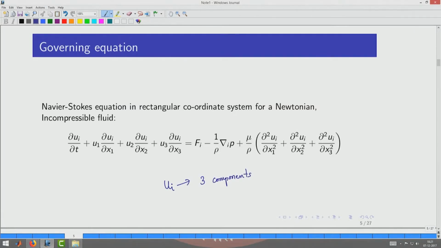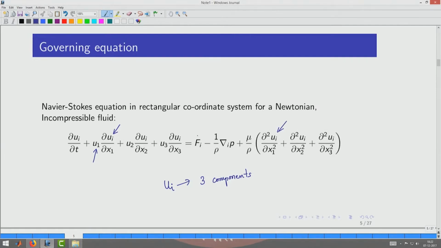You could actually write this for other coordinate systems. We have already seen those equations in the previous sessions, which means that we now have basically 3 equations, and you can see that the velocity is appearing both in the absolute manner as well as in the differential manner on the left hand side as well as on the right hand side. So, it is a very strongly coupled equation, and there are many terms.